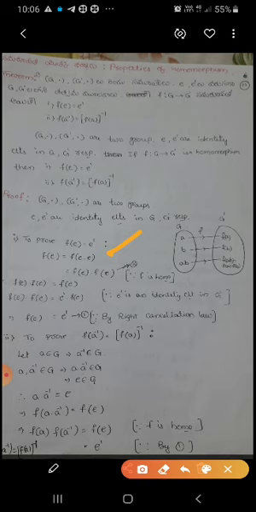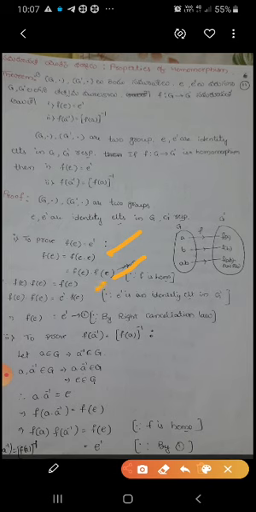We can write e as e·e. So f(e) = f(e·e). Again, f(e·e) = f(e)·f(e). Why? Because f is a homomorphism. So we write f(e)·f(e).